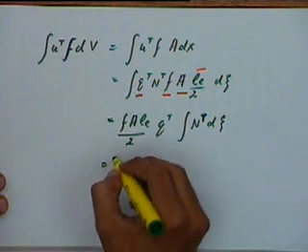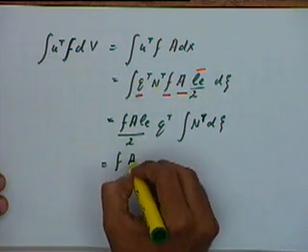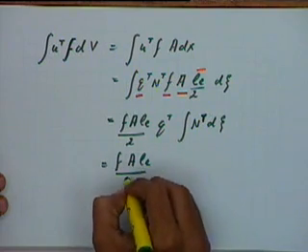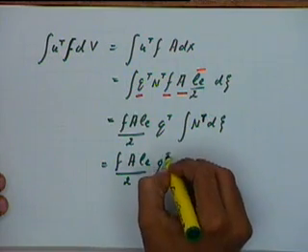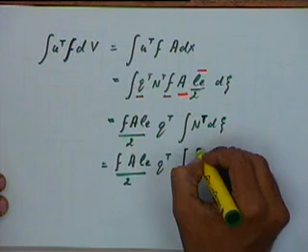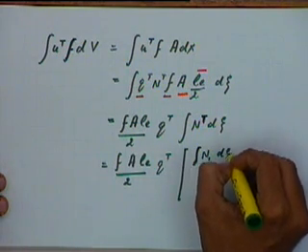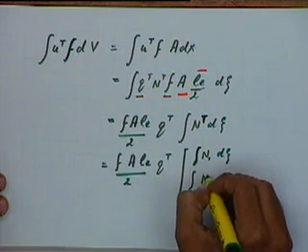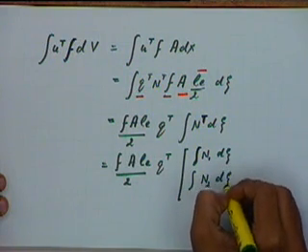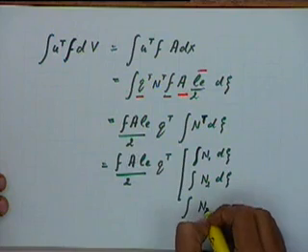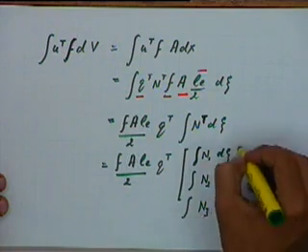I will write that as F A LE by 2 into Q transpose into integral of n1 d zeta, integral of n2 d zeta, and integral of n3 d zeta.